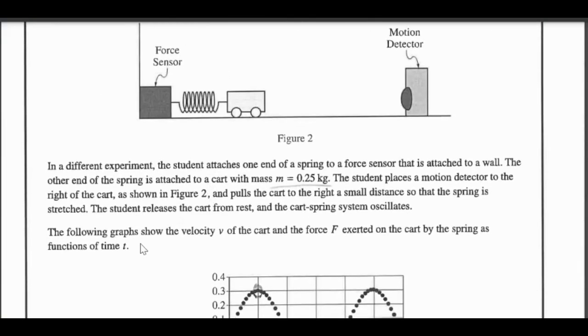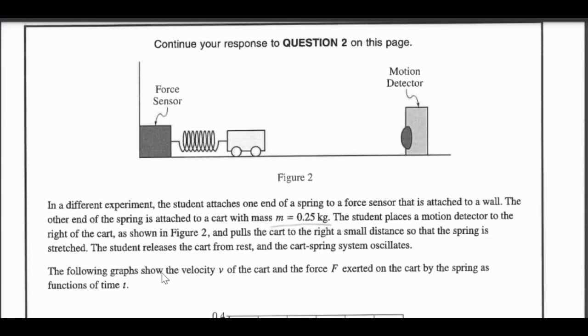Now we are continuing the experimental part of it, but it's going to be a different scenario, clearly. So we have a cart that is at rest. It's pulled outwards. It has a mass of 0.25 kilograms. We got a motion detector over here and a force sensor over here.